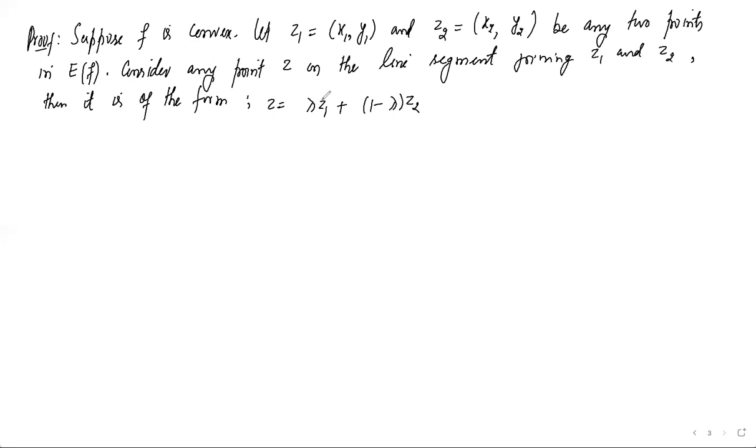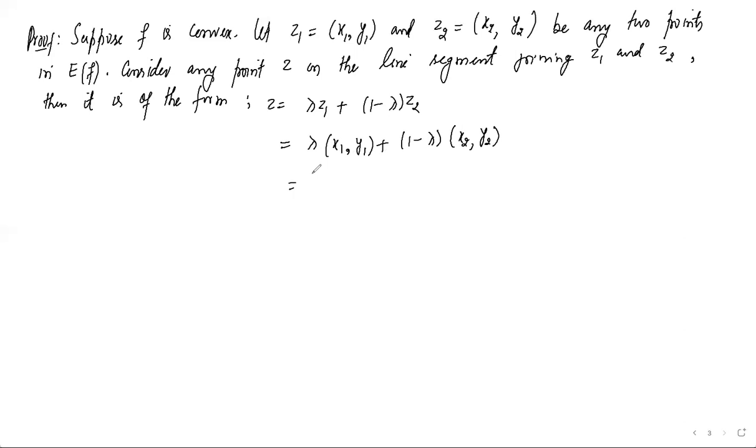So in fact, this represents the equation of a line joining these 2 points Z1 and Z2 of E of f. Now here we can use the values of Z1 as a point x1, y1. So this is something like lambda times x1, y1 plus 1 minus lambda x2, y2.